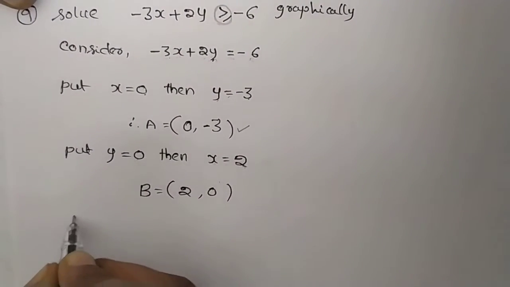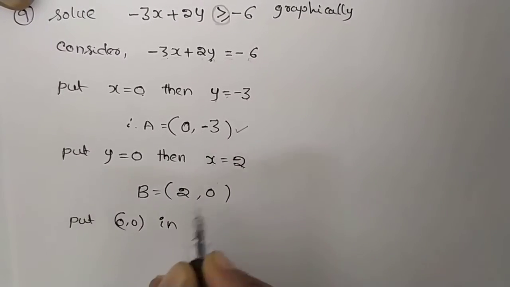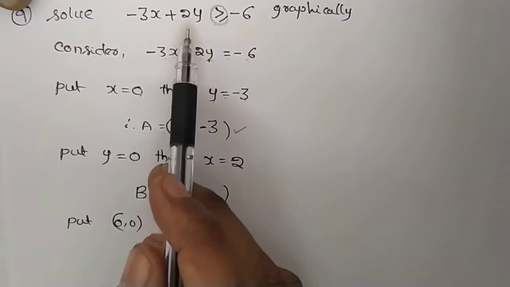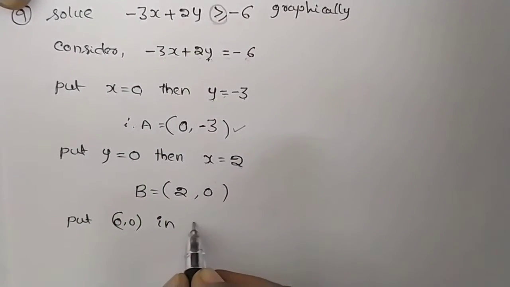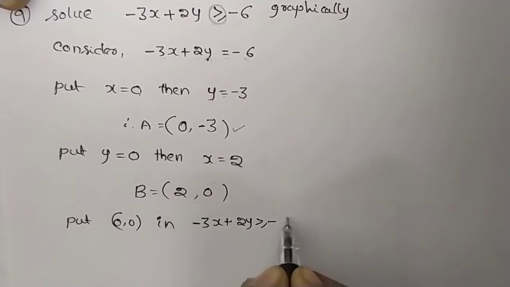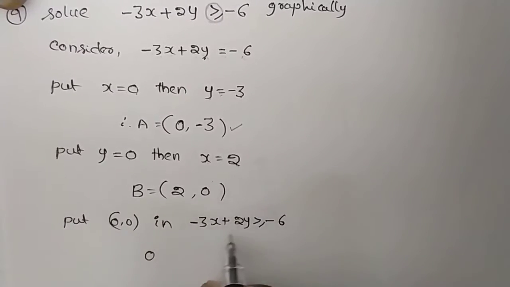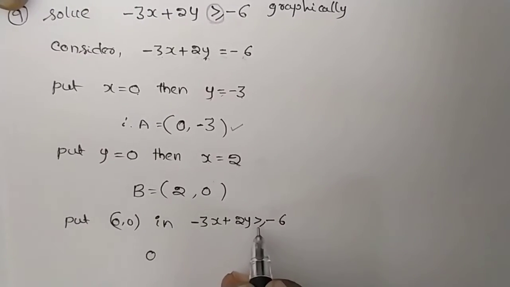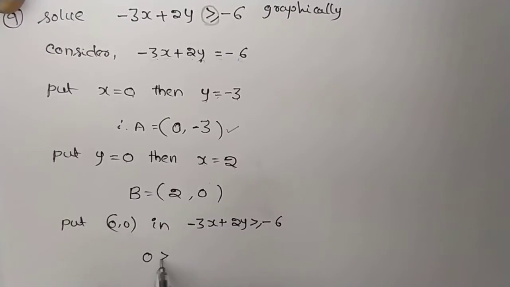Next step is: put 0 comma 0 in the given inequality, minus 3x plus 2y greater than or equal to minus 6. If we put 0 in place of the left hand side of the inequality, then it will be 0. 0 is greater than or equal to minus 6.